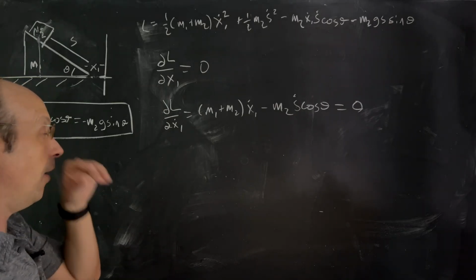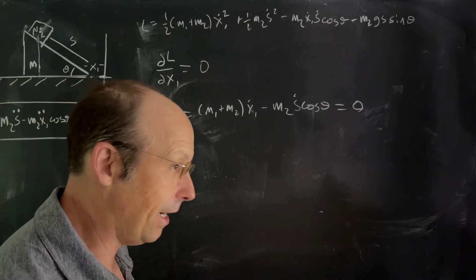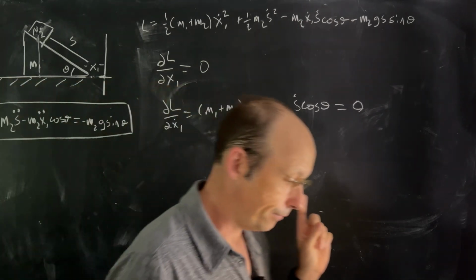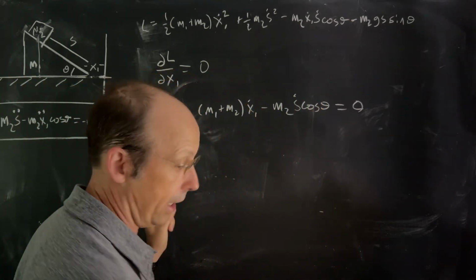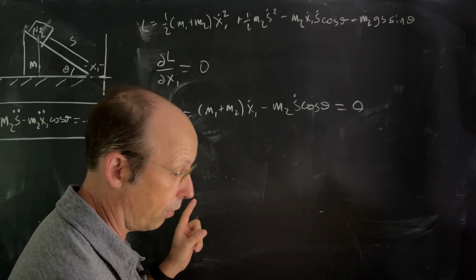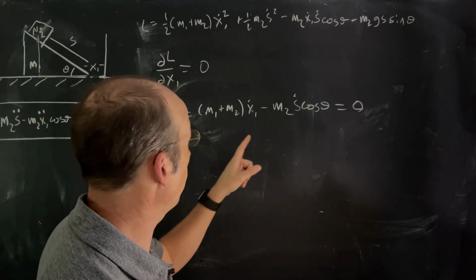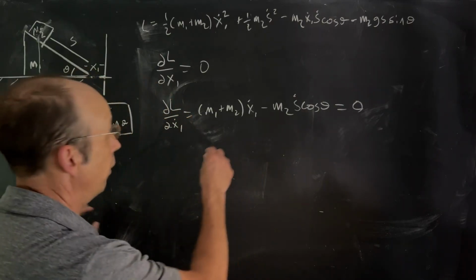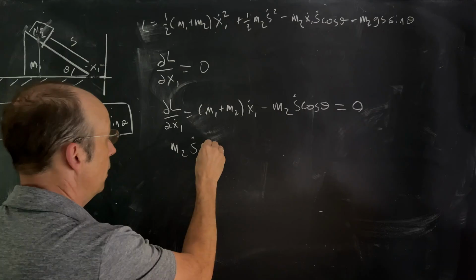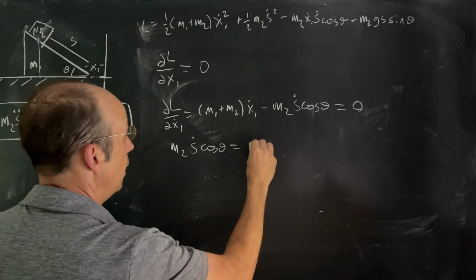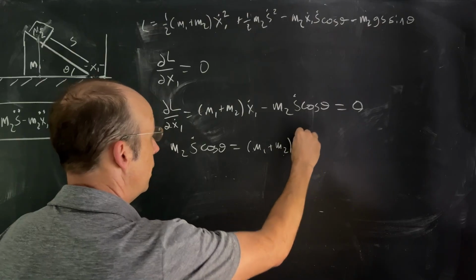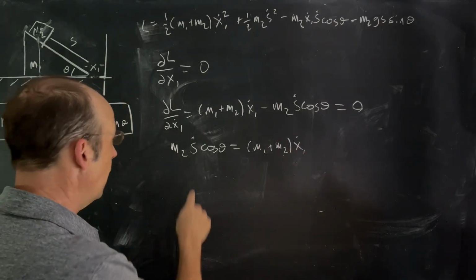Now I have a relationship between x dot and s dot, and I have a relationship between s double dot and x double dot. Let's solve this for s dot, the same way I did it before. I get m2 s dot cosine theta equals m1 plus m2 x1 dot. And now I'm going to divide.